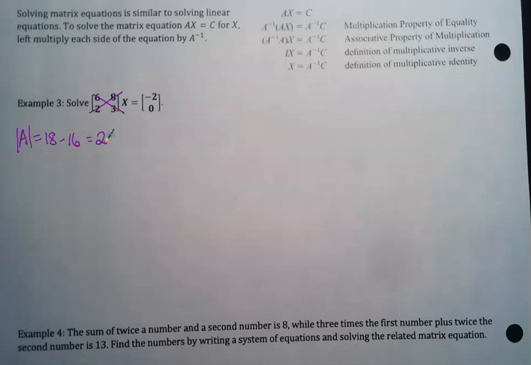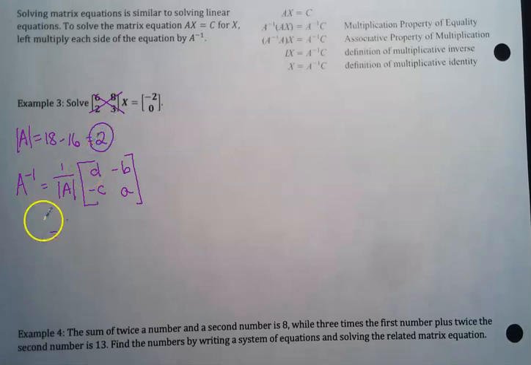That equals 2. That's our determinant of A. Recall that the inverse of matrix A is equal to 1 over the determinant of A times the matrix D, negative B, negative C, A. So that's what we're using here.